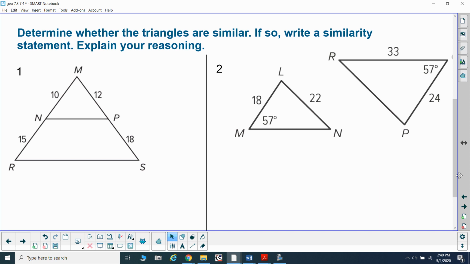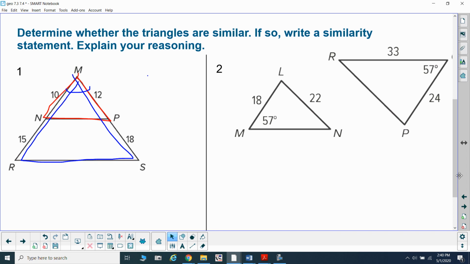So if I look at this, I have this triangle in red, and then I have this triangle in blue, which is the bigger one. So we have to look at, do we have side, angle, side? That looks like what we're going for.